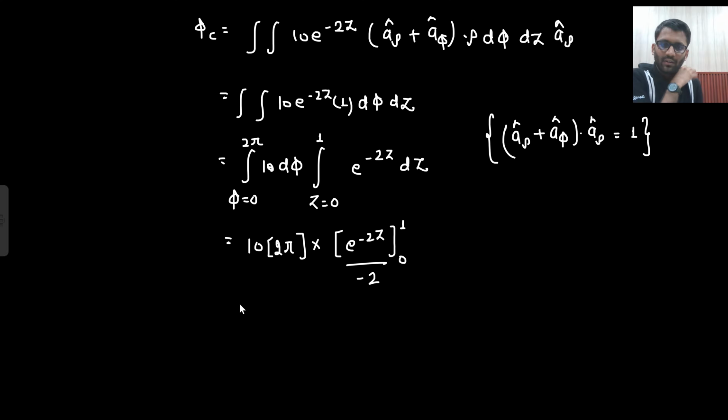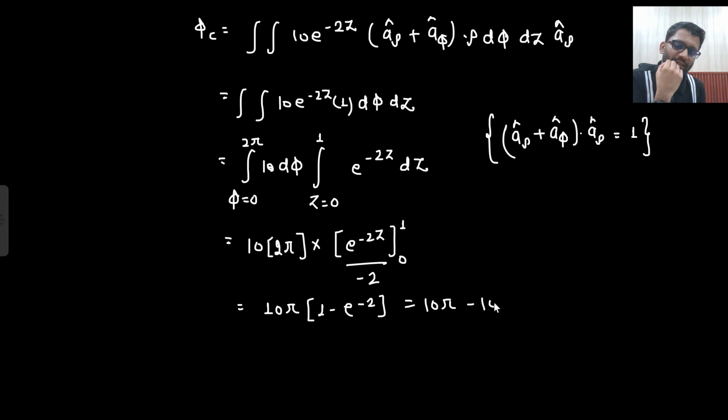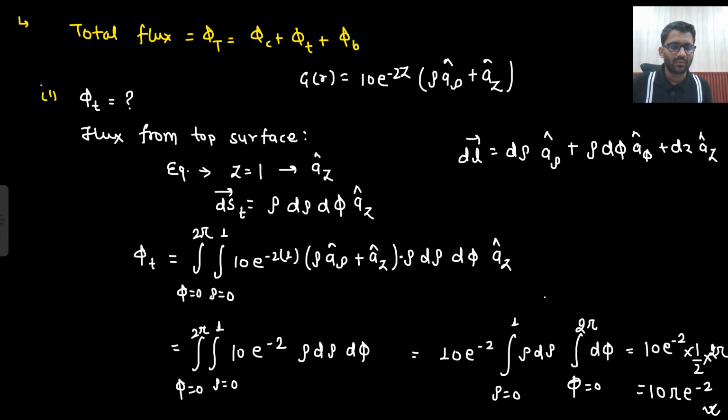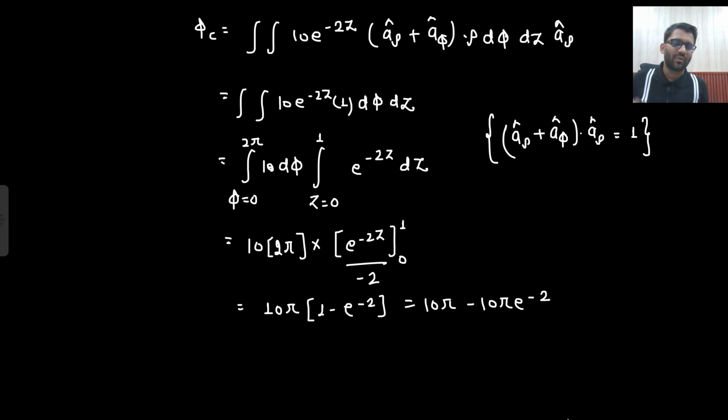So you are going to get tan pi times, first putting 1 minus e to the power minus 2. So your answer is tan pi minus tan pi e to the power minus 2. Did you understand this point? Yes, simple integration is there.